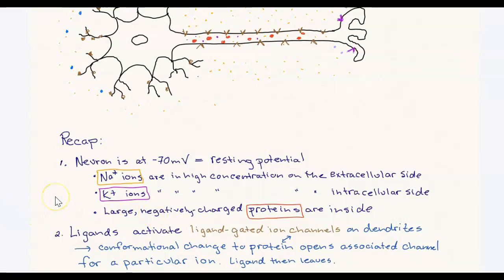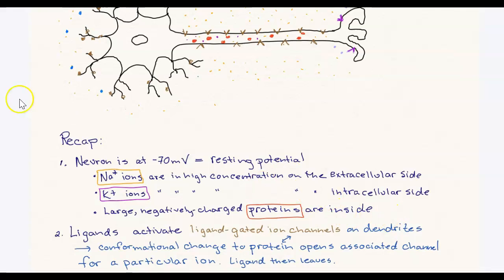We know that ligands are chemical messages or some other type of message that can activate some receptors. And we also learned the other day that the receptors that are here, the brown ones that we pointed to first here on the dendrites, those are called ligand-gated ion channels because when they are activated by a ligand, they will open a channel and allow some ion to flow into the inside of a neuron.